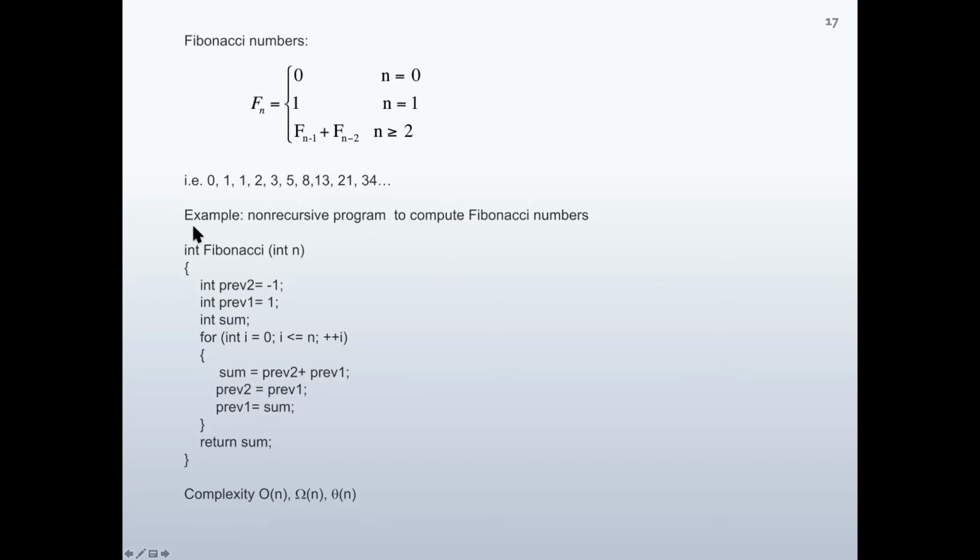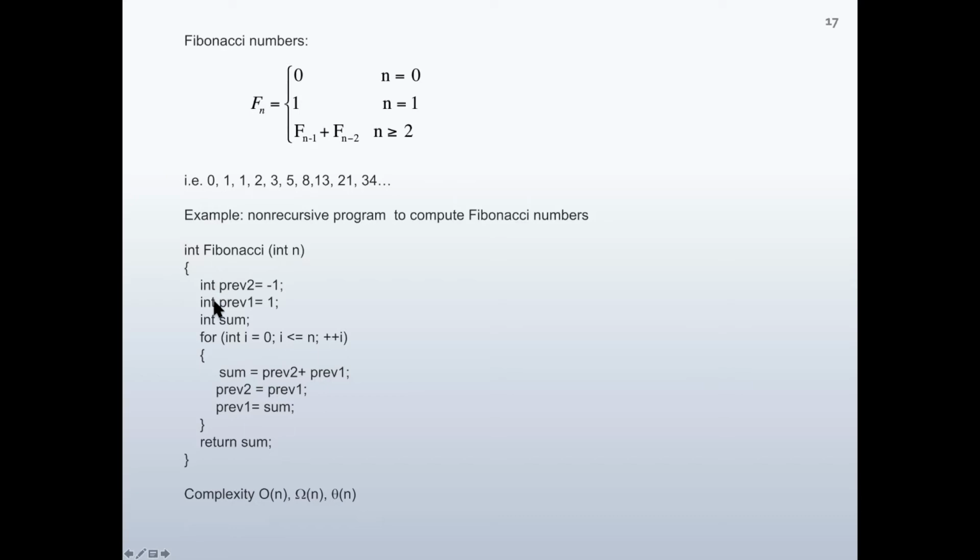First, we are considering the non-recursive program to compute Fibonacci numbers. The name of the function is Fibonacci. There is a single parameter, which is an integer n, and we are going to calculate Fibonacci n. It will return that value.